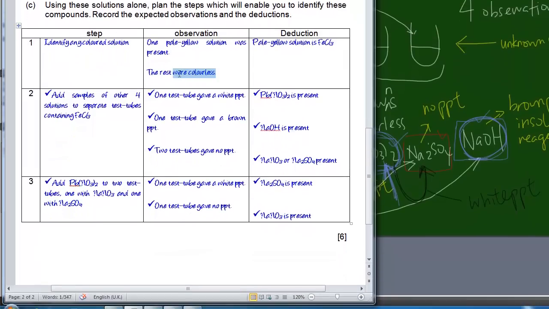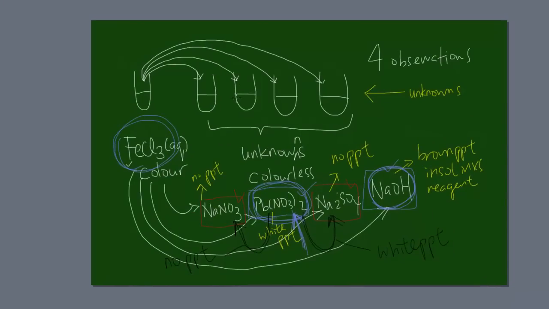The rest are colorless, so you cannot do any deduction. Then after that, you add samples of the other 4 solutions to separate test tubes containing FeCl3. So these would be the steps over here. Can you see the arrows here?